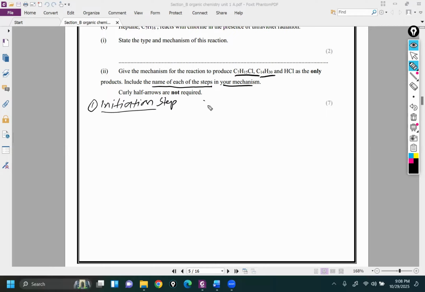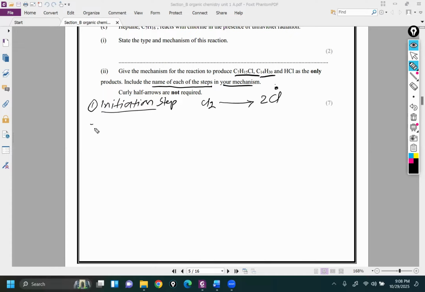In the initiation step, chlorine will change into free radicals. Homolytic bond fission takes place. Please take care of these dots, okay? Because any species having an unpaired electron is called a free radical. Chlorine free radical always forms in the first step, which is the initiation step.